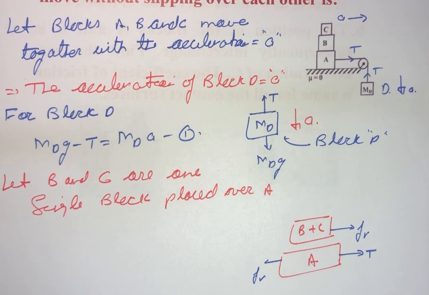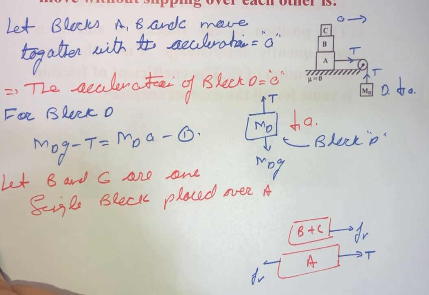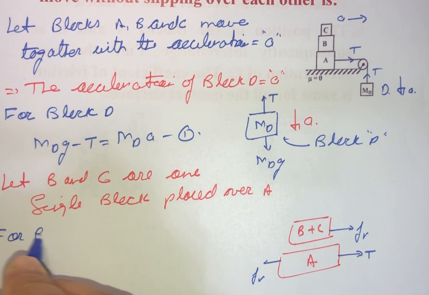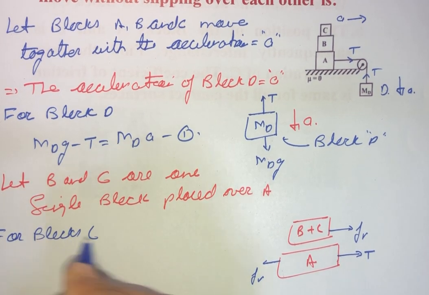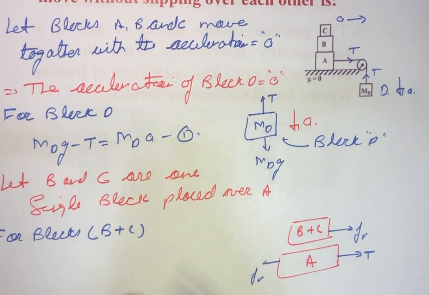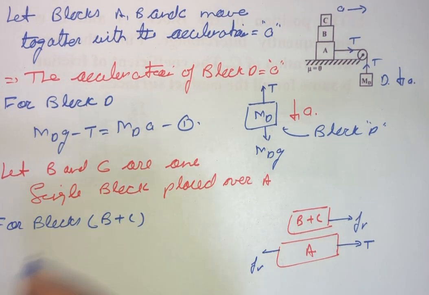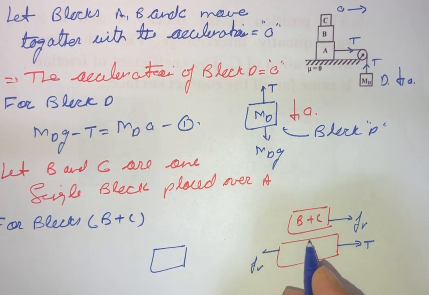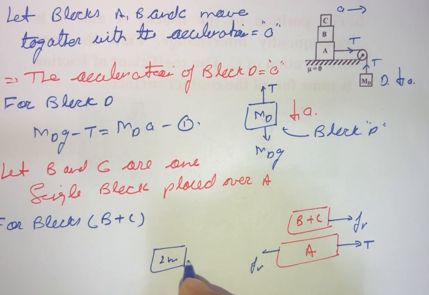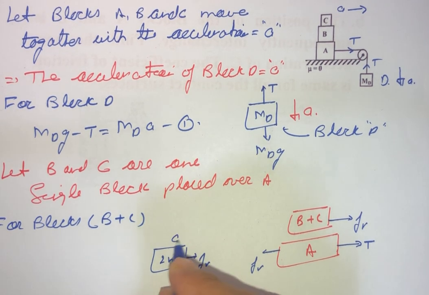So let us write it for blocks B plus C. They have mass m each, so this will be 2m, this will be Fr, and they are moving with the acceleration a.